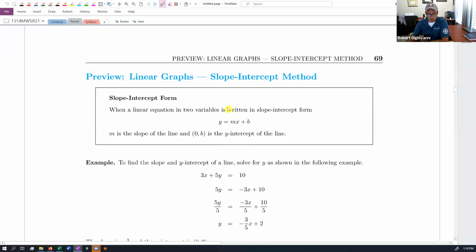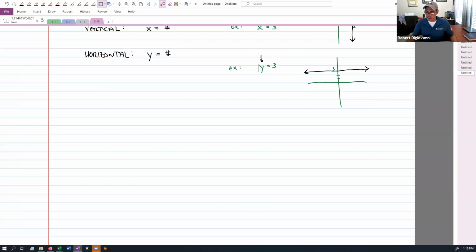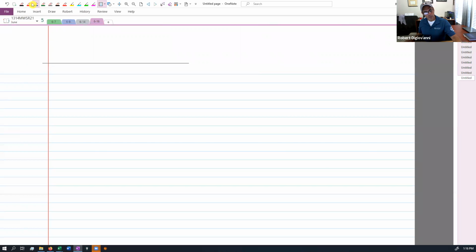Oh, all right. So now we're still dealing with linear equations in 2 variables. There is another way to sketch a linear equation in two variables.